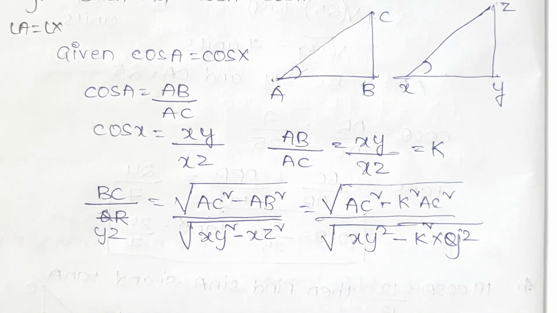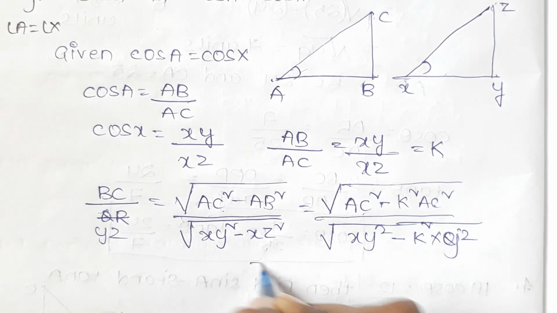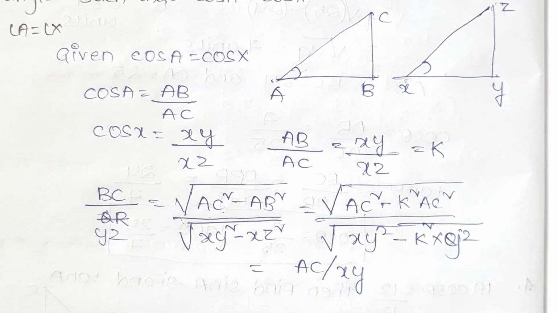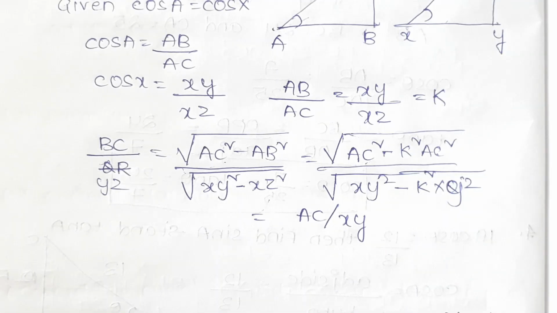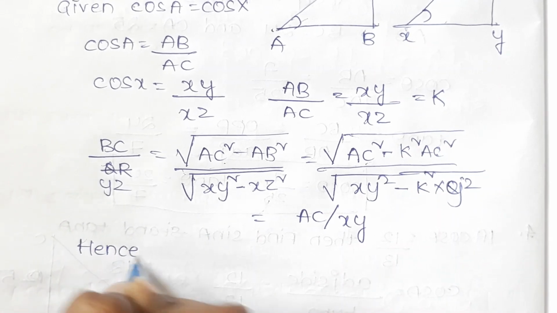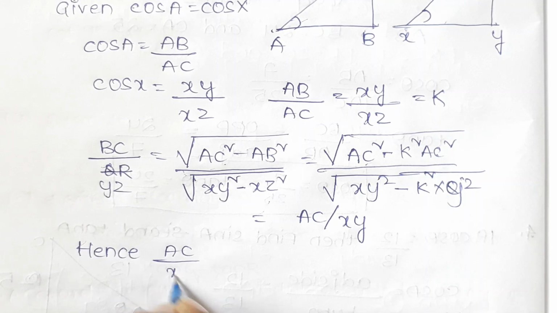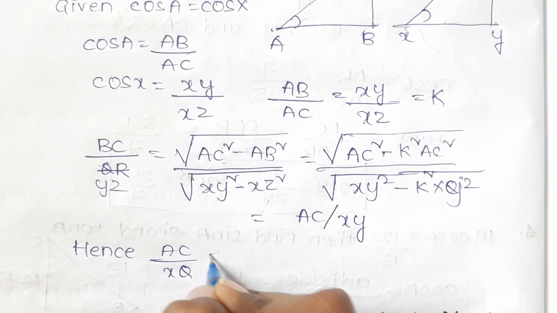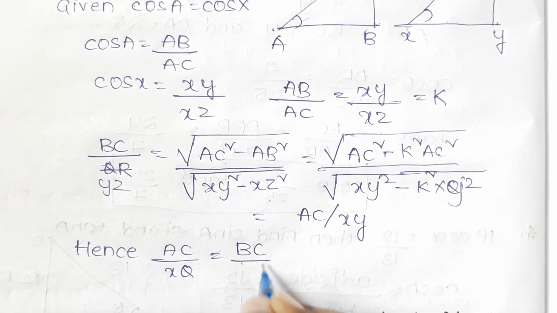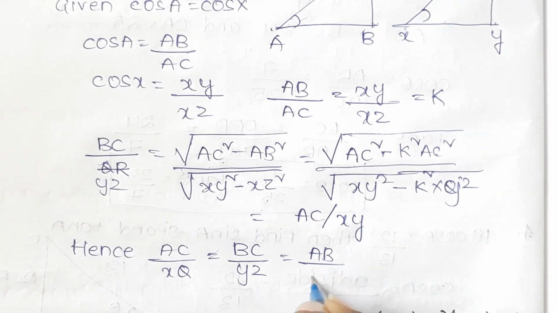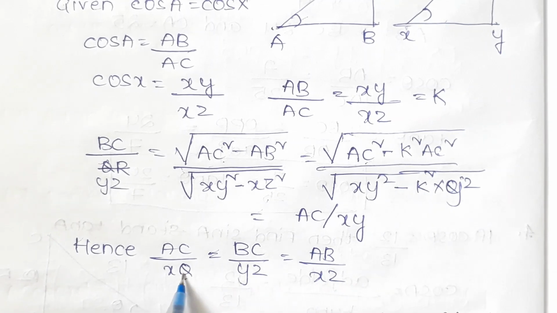And from this we will get, here in this AC square is common, and in this again XZ square is common. From this we will get AC by XZ. And now here from this we will get, hence, AC by XZ and BC by YZ and AB by XY.